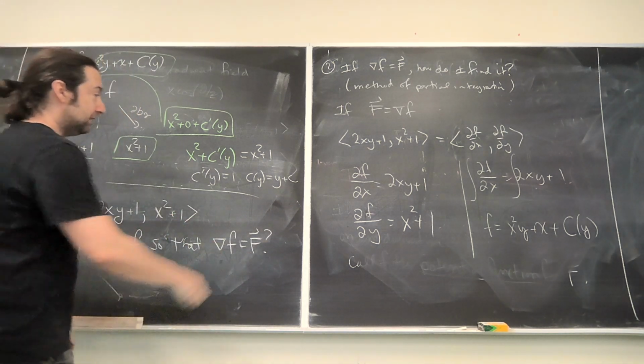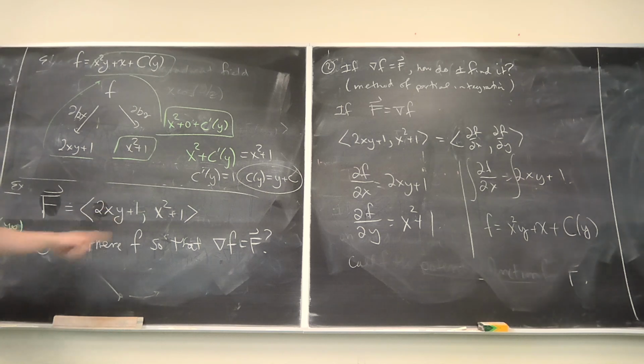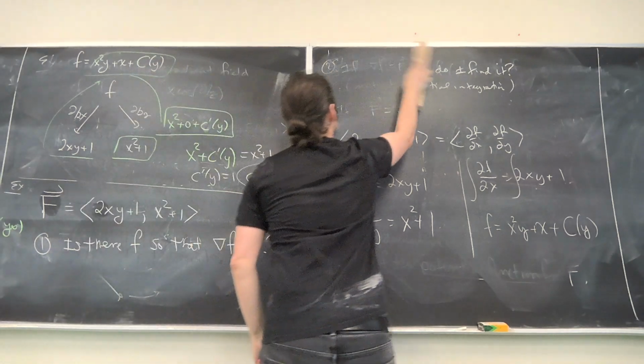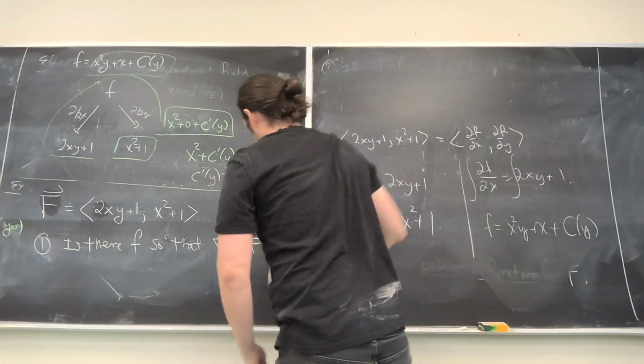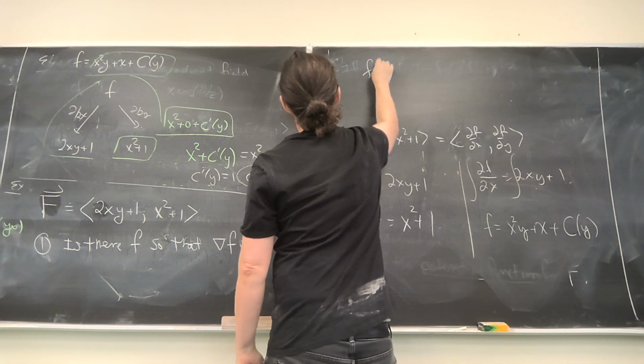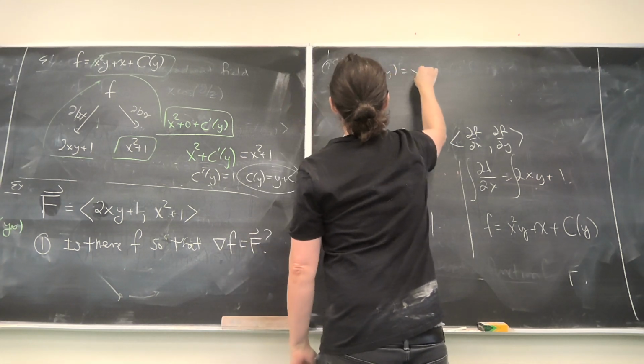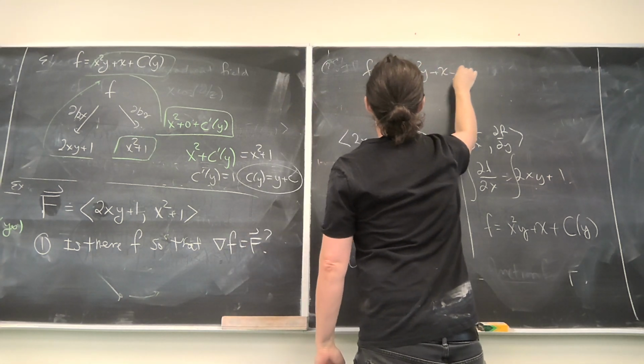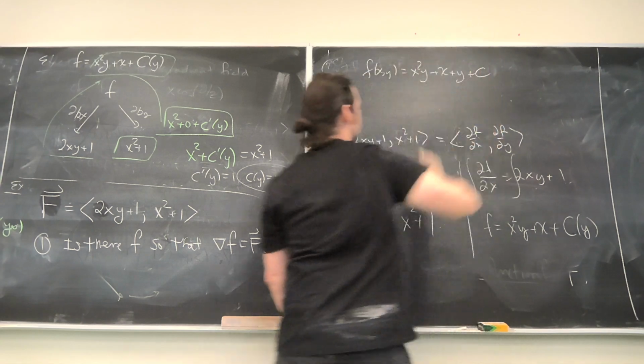Right. So that means, well, now we know c of y, so it must have been the case that the general family of potential functions that created this gradient, and we can verify this. So now the claim is, after having walked through this process, that f of x and y is equal to x squared y plus x plus y plus possibly an arbitrary constant.